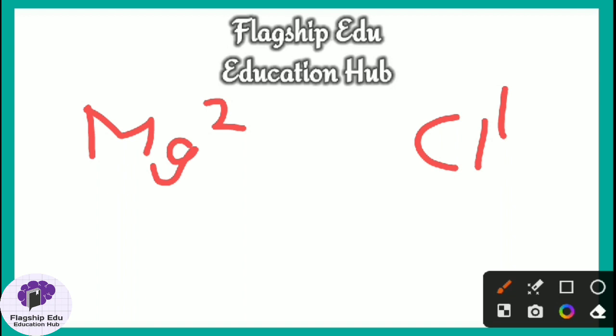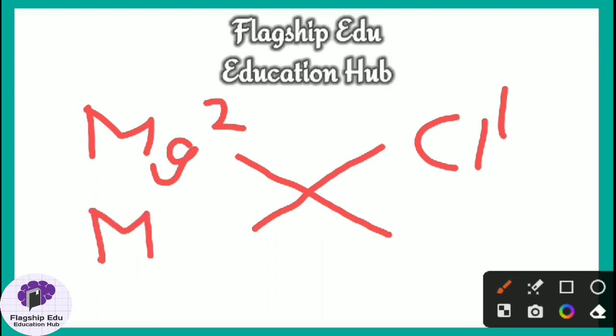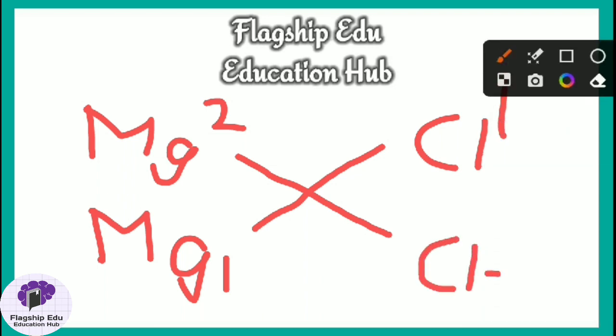The fourth step is to interchange the valency of the radicals. Here you can see the valency of magnesium is 2 and of chlorine is 1. If we interchange them, Mg will become Mg1 in subscript and Cl2 in the subscript.